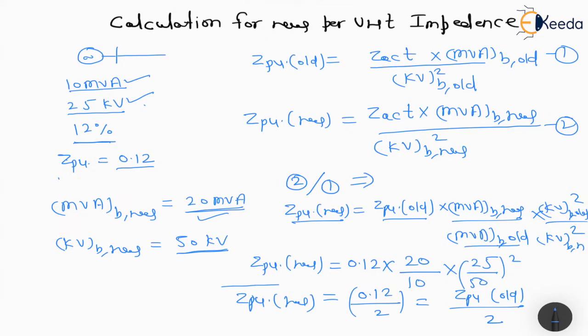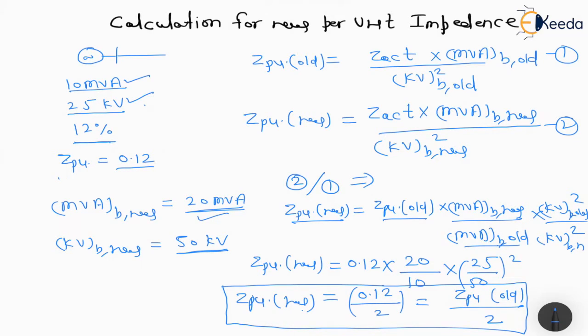So this is the general case we are taking. In this case, the question asked in examination is what will happen if we double the base voltage as well as base power. What will be the effect on per unit impedance? The per unit impedance will be half of the old value, as we derived here.